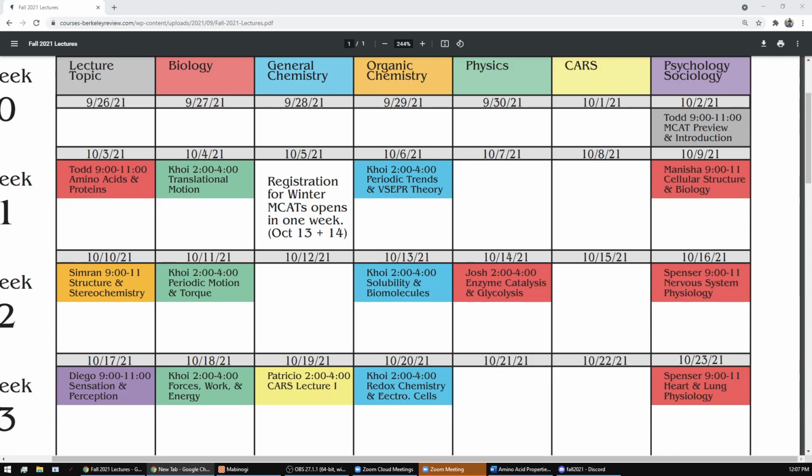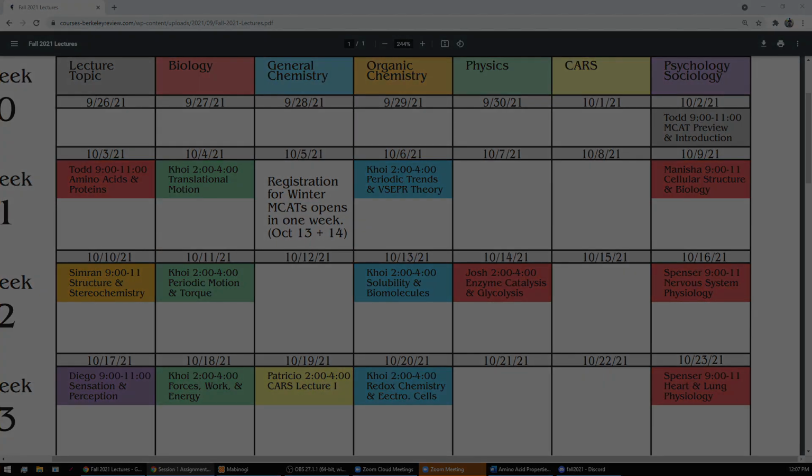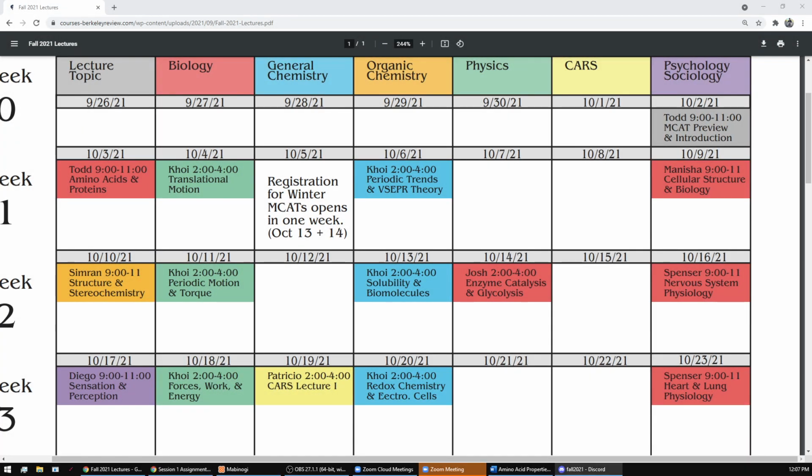So basically in this one, we're trying to identify the amino acids that are put together. Do you agree the only difference is the side chain? That side chain is valine.